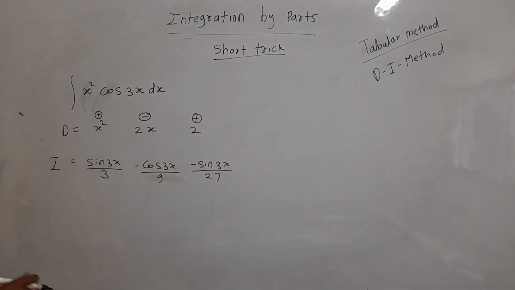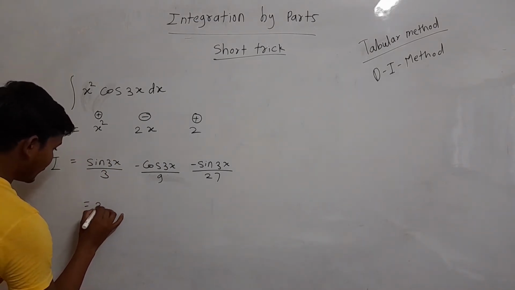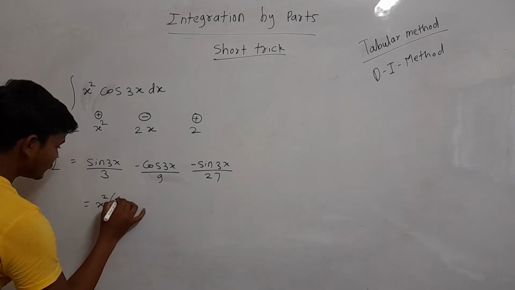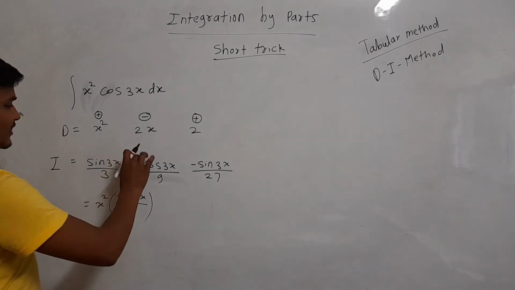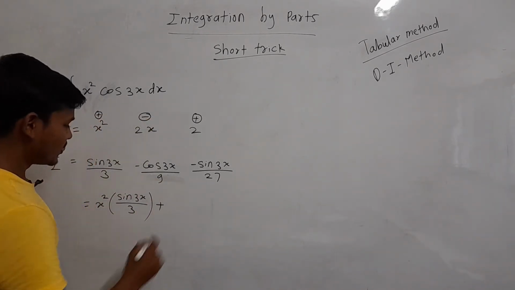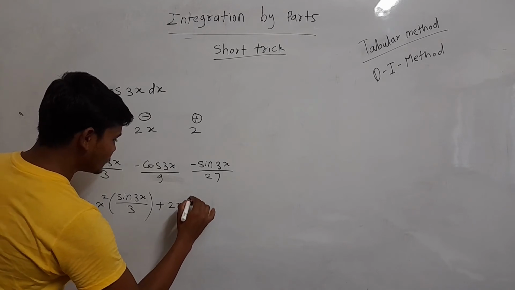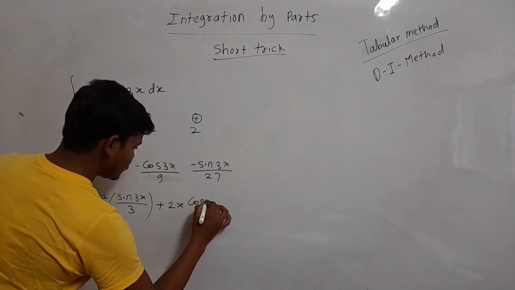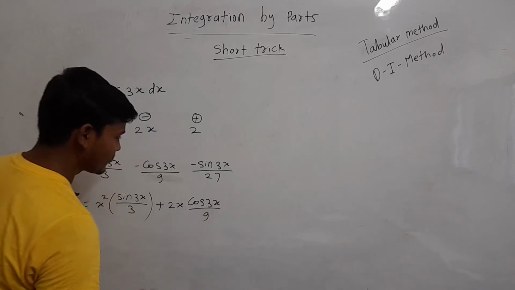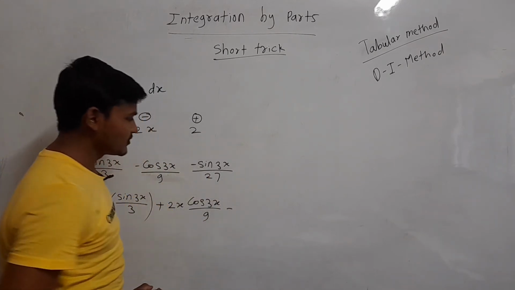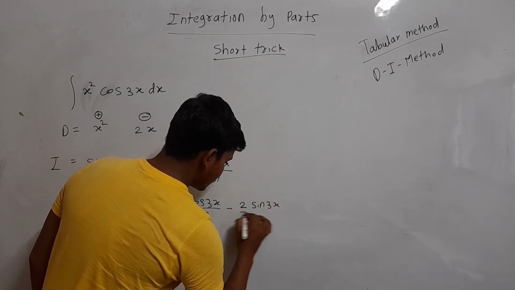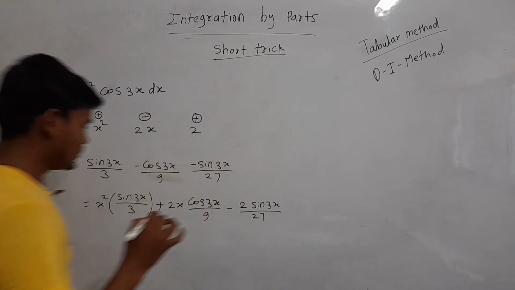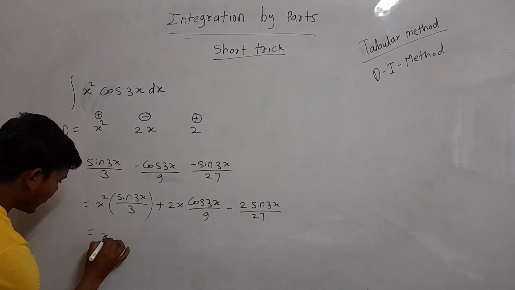Multiplying the differentiation and integration terms, we get x square into sin 3x by 3, minus minus will be plus 2x into cos 3x by 9, minus plus minus 2 sin 3x by 27.